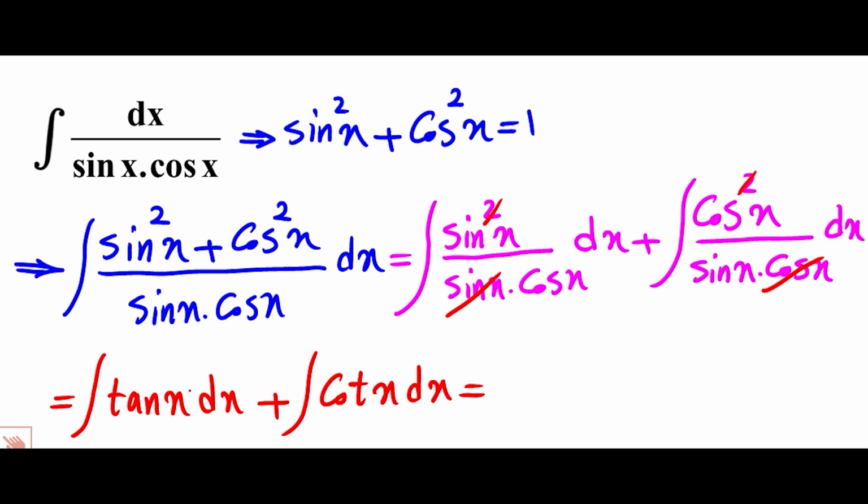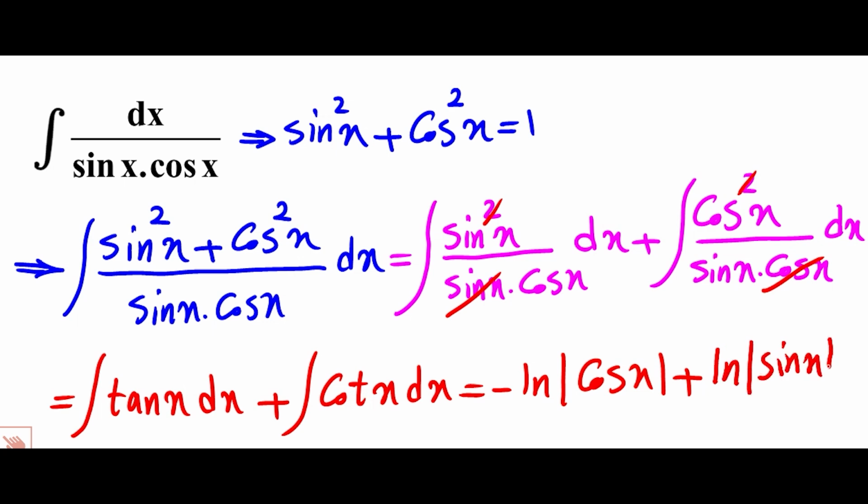And as you know, the integral of tangent of x equals negative ln of the absolute value of cosine of x, and the integral of cotangent of x equals ln of the absolute value of sine of x plus c.